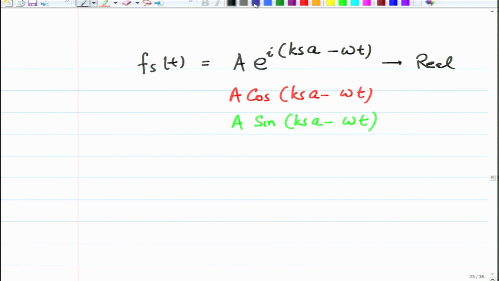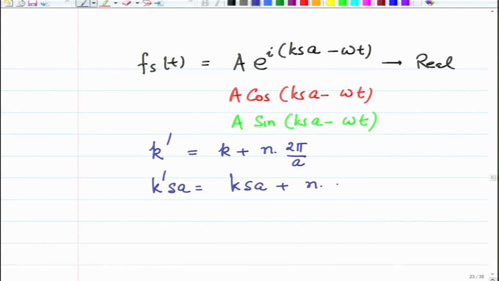Now, if I take k prime equal to k plus some integer n times 2 pi by a, then k prime s a is going to be equal to k s a plus n times 2 pi by a times s a.